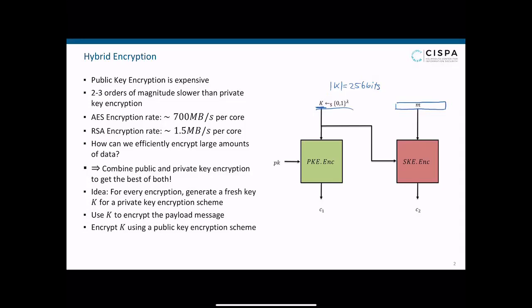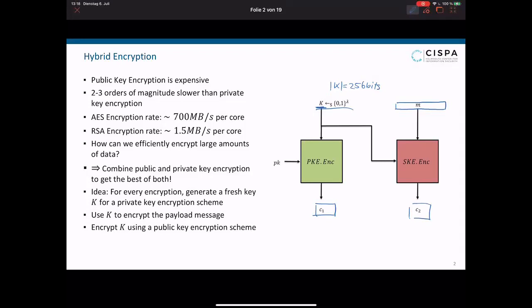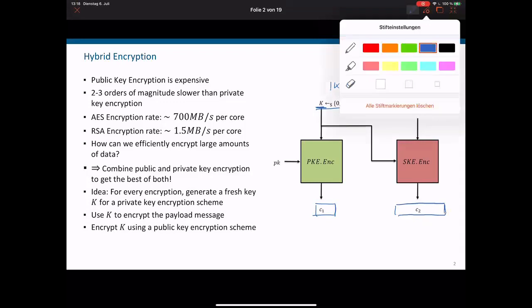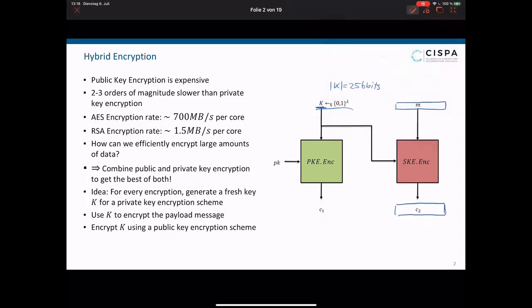And my final ciphertext now consists of these two parts. Let's draw them to proportion. C2 is essentially as big as the data we encrypt, and C1 is tiny, right? This just encrypts a tiny key.